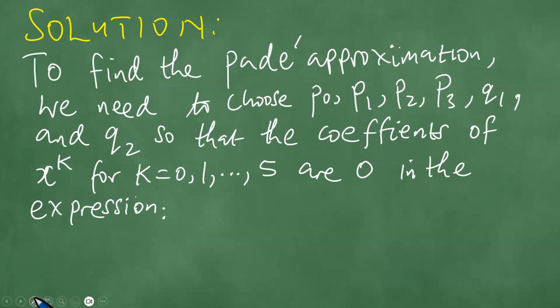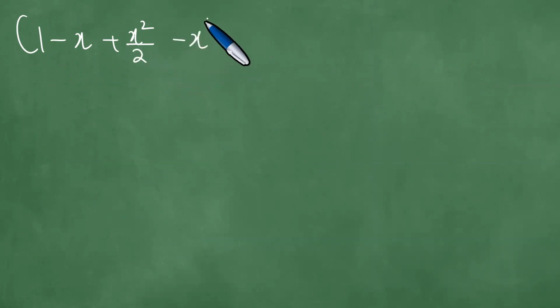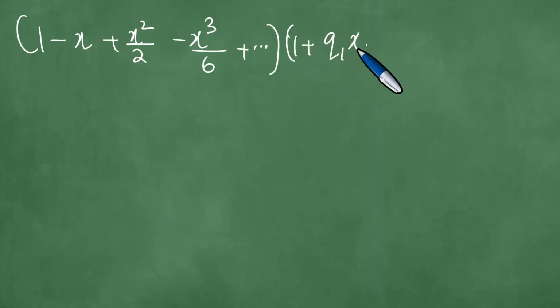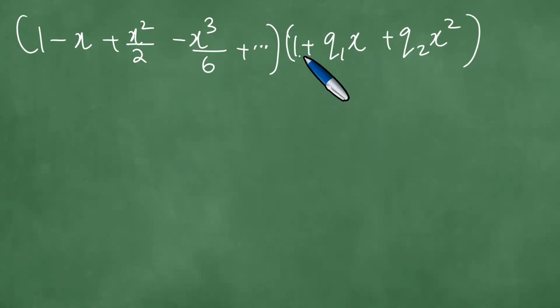There's an expression, and the expression is the following: 1 minus x plus x squared over 2 minus x cubed over 6, multiplied by 1 plus q1 x plus q2 x squared. We have said that for the q, we just take q0 to be 1, and that is what we have done here, because we are looking at the q, and q is what appears in the denominator.